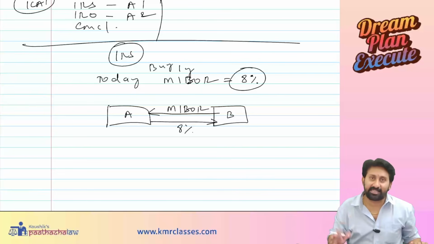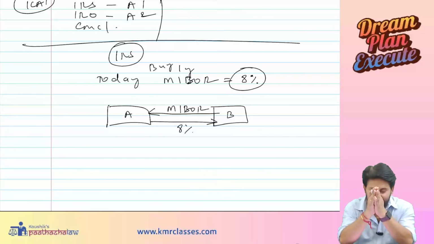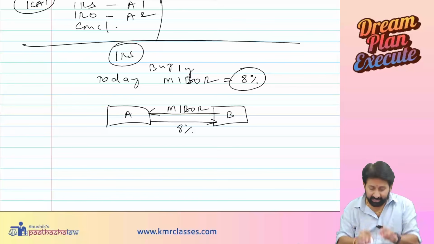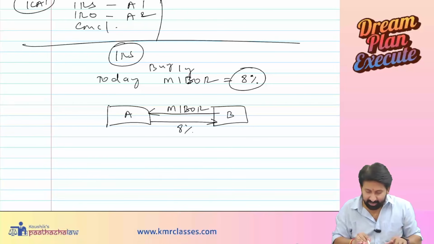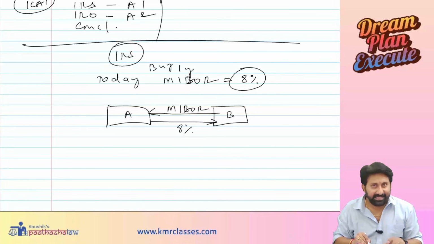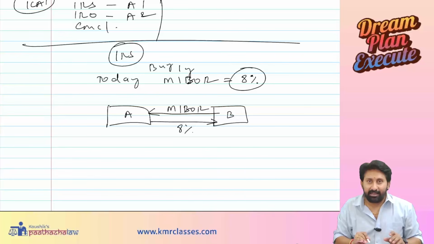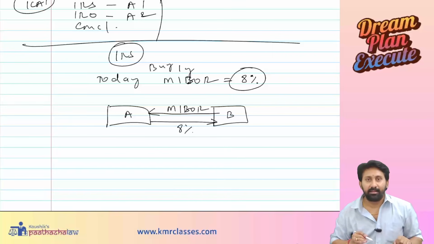You did not understand? Please listen again. A and B, two parties are there. A wanted to buy MIBOR. A will be receiving MIBOR. When I receive something, I am buying. For buying something, I have to pay something.